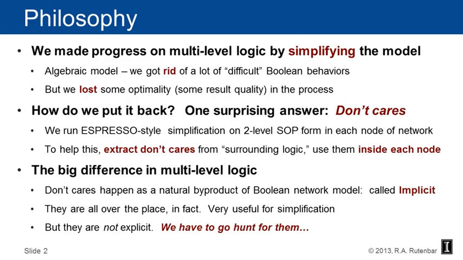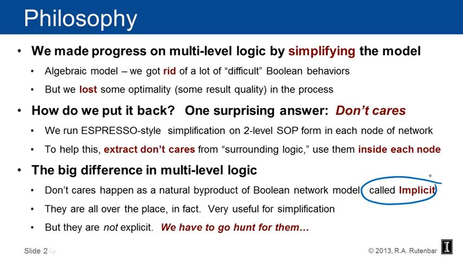So recall that we run an espresso-style simplification on the two-level sum of products form in each node of a Boolean logic network. And to help this, what's going to turn out to be the case is that we extract don't cares from the surrounding logic, and then we use them inside each node. And the big difference in multi-level logic is that the don't cares just happen. They are a natural byproduct of the Boolean network model, and so there's a word for that.